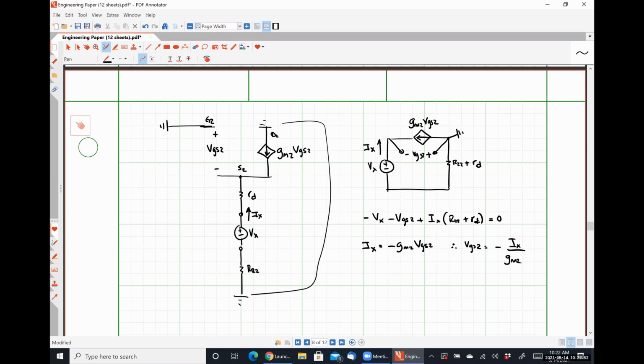If I substitute this relationship into my KVL equation, I get Vx is equal to negative, so it's going to be positive Ix over gm2 plus Ix times R22 plus R lowercase rd. I apologize.